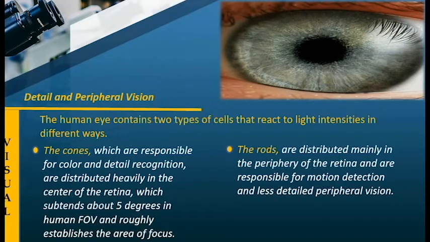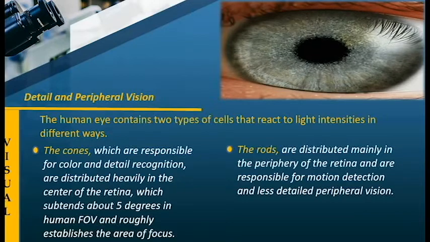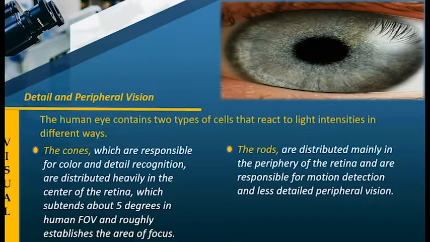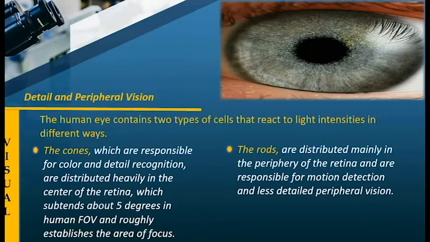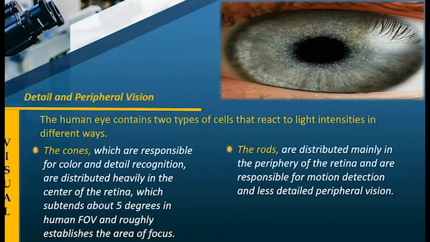The cones are responsible for your color and detail recognition, and are distributed heavily in the center of the retina, which subtends about 5 degrees in human FOV and roughly establishes the area of focus, while the rods are distributed mainly in the periphery of the retina and are responsible for motion detection and less detailed peripheral vision.